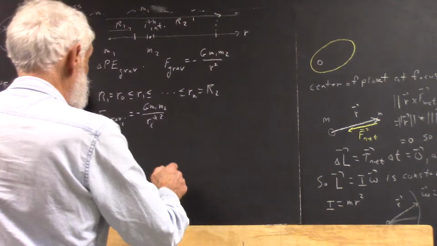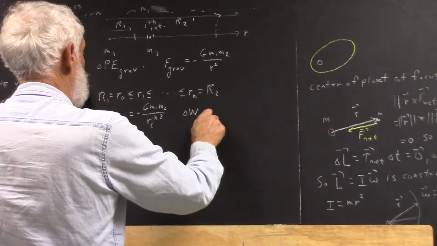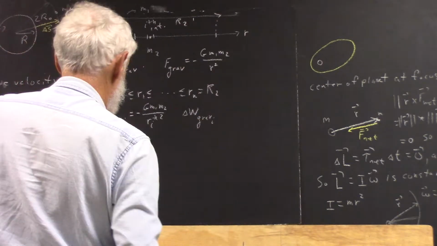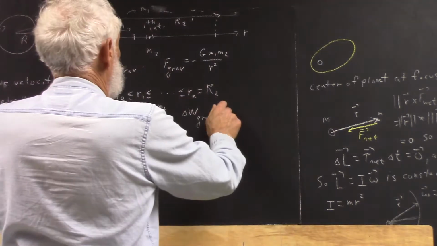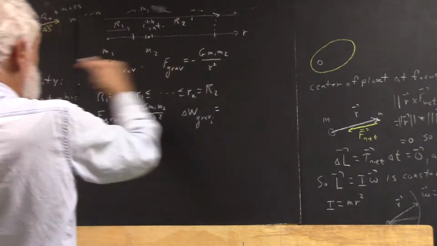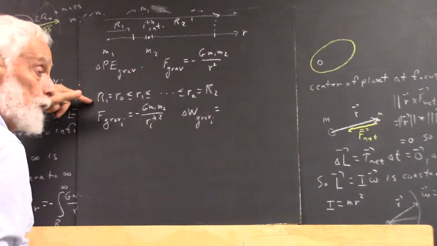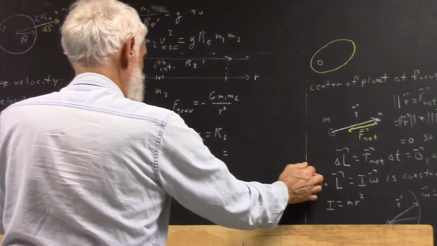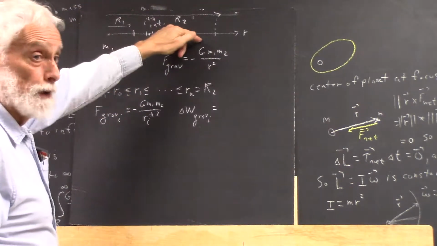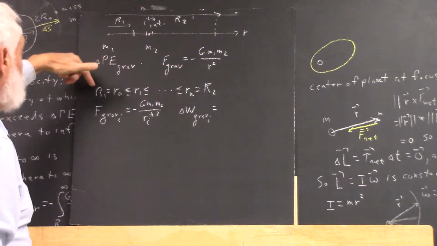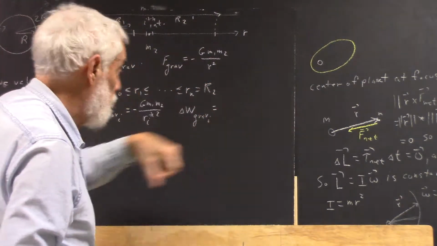Okay, well, this means that the work done by gravity on the ith interval is the force times the displacement. We can tell by the negative sign that the force is in this direction. Let's assume that R1 is less than R2, so that we're partitioning from the lesser to the greater radius, so that our partitions move in the positive direction.